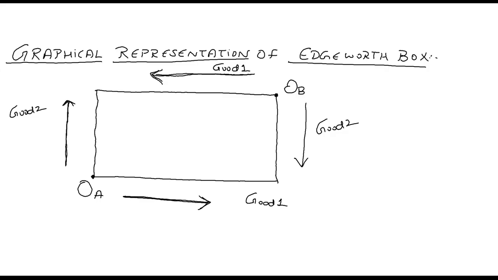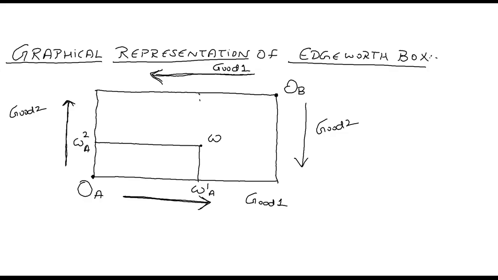Now I can choose a point in the Edgeworth box known as omega. Suppose this is my point in the Edgeworth box. Clearly, this denotes omega 1A, amount of good 1 which agent A is endowed with. This will denote omega 2A, amount of good 2 which agent A is endowed with.